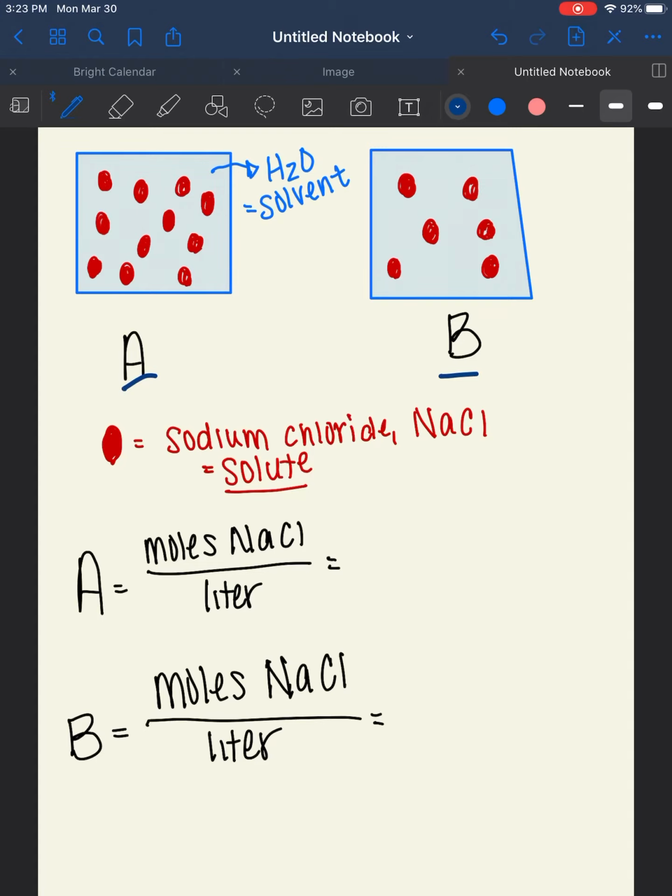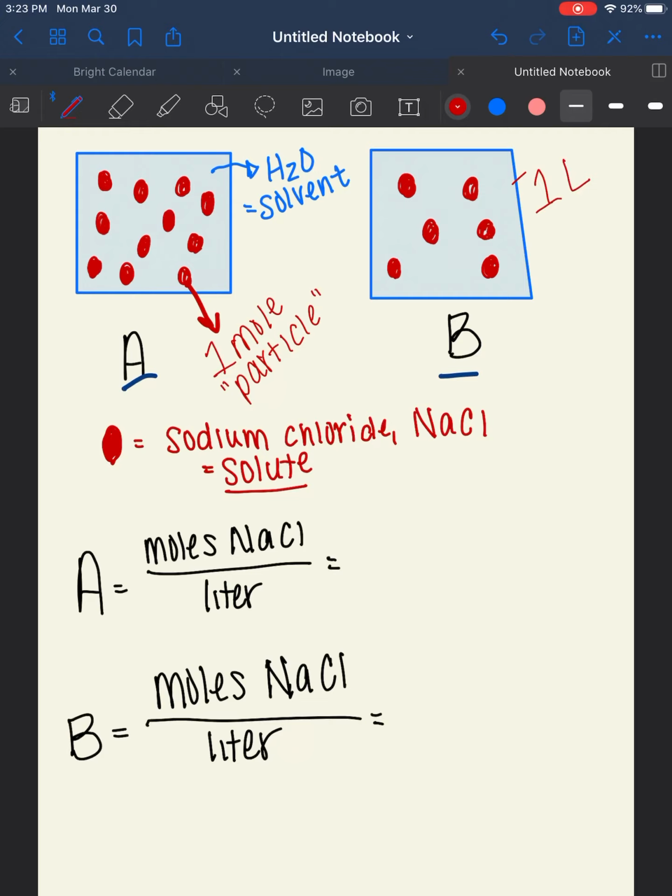Think of each of these little dots as being 1 mole, 1 particle, if you will. And think of the container they're in as having a volume of 1 liter.